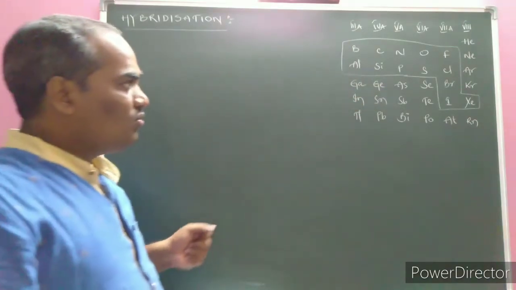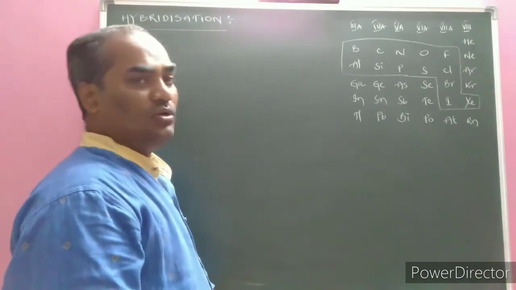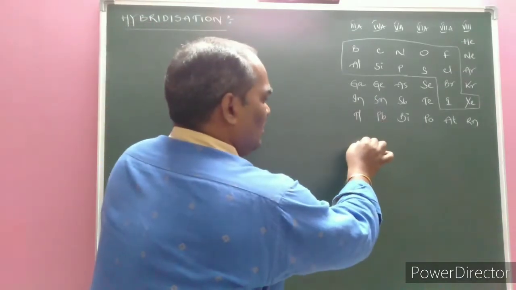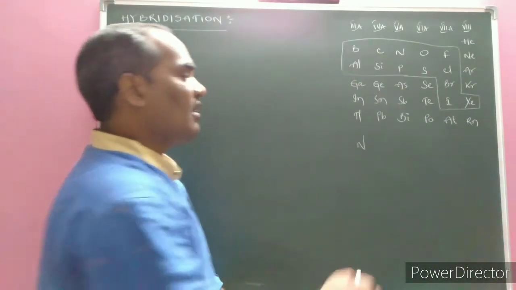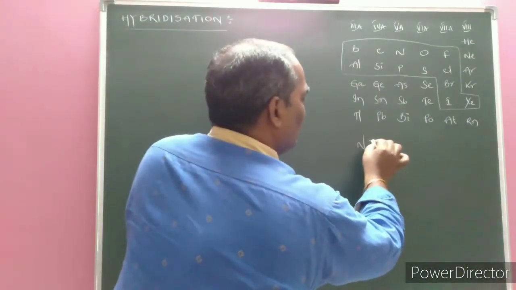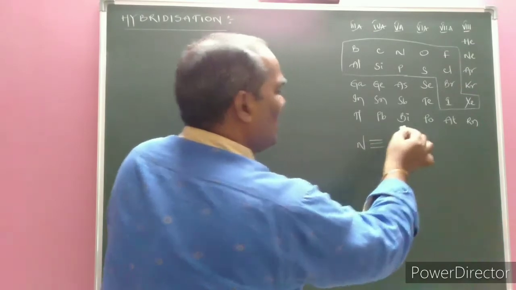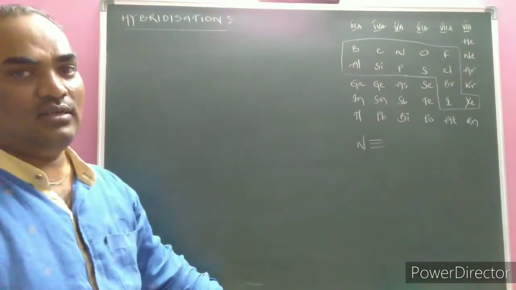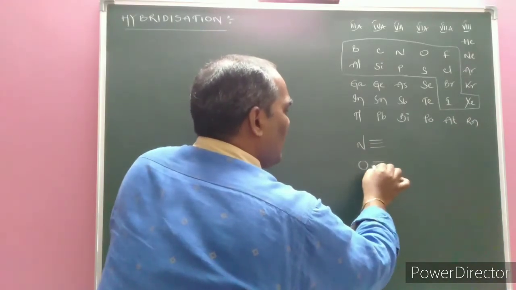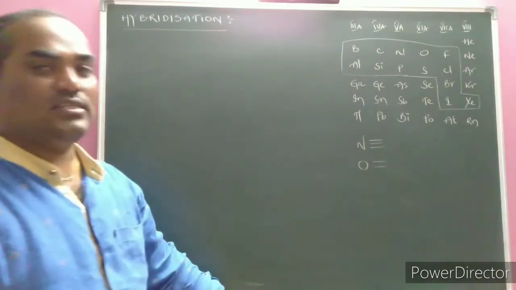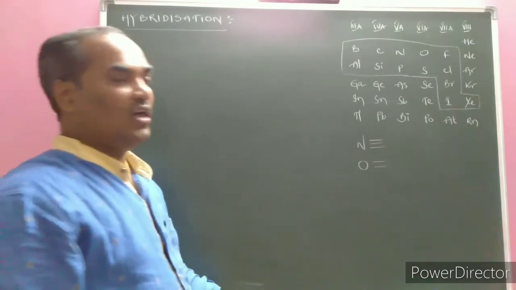Here, in order to know this, what does one need to do? Nitrogen is trivalent, nothing but each nitrogen requires 3 bonds. Oxygen is divalent.